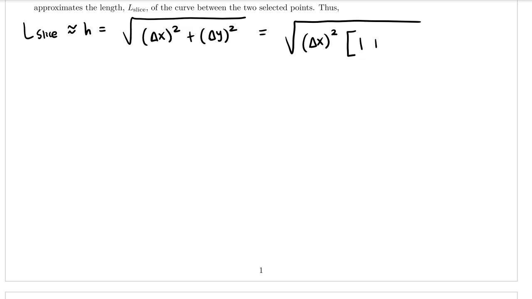That's going to leave us with 1 plus delta y quantity squared over delta x quantity squared. And from here, because we have a product underneath the square root, we can split this up into two separate square roots.